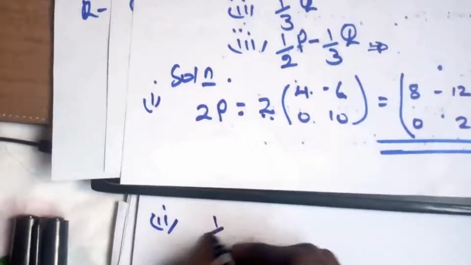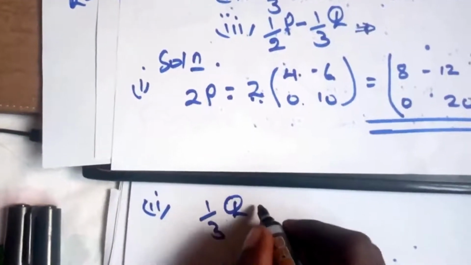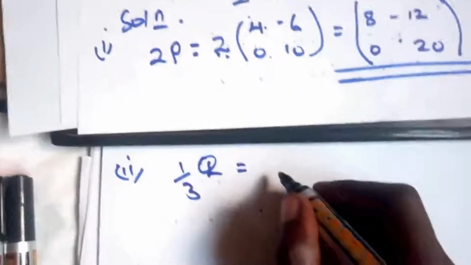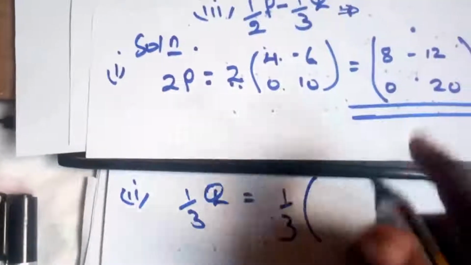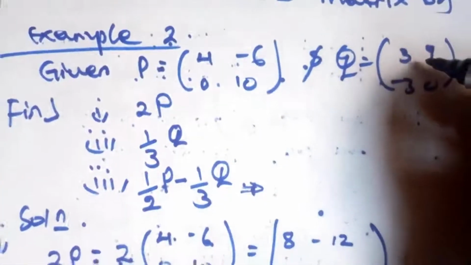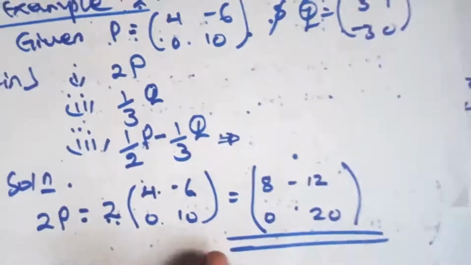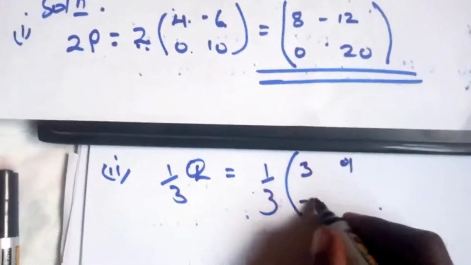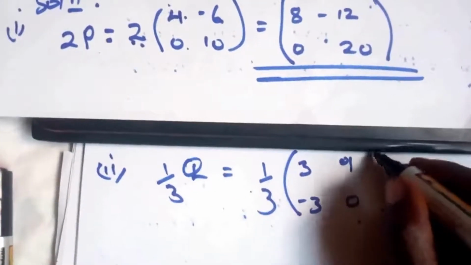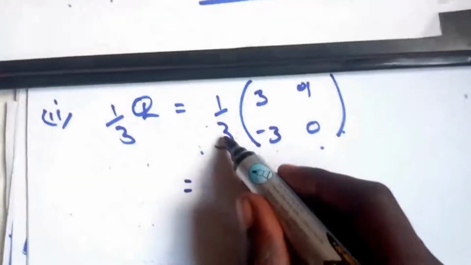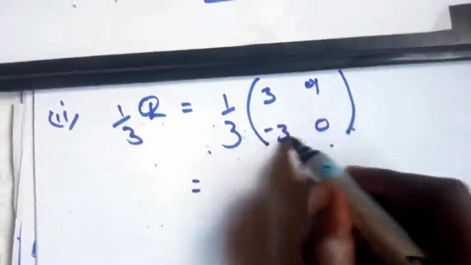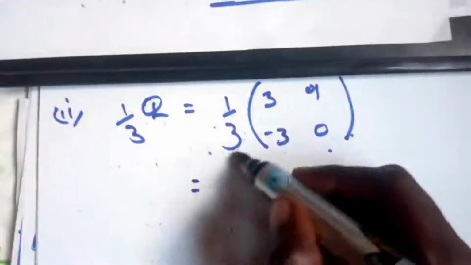we are having 1 over 3 Q. This one is going to become 1 over 3 into matrix Q. What is matrix Q? Matrix Q was given here. It is 3, 9, negative 3, 0. So I multiply each element in the matrix by the scalar.